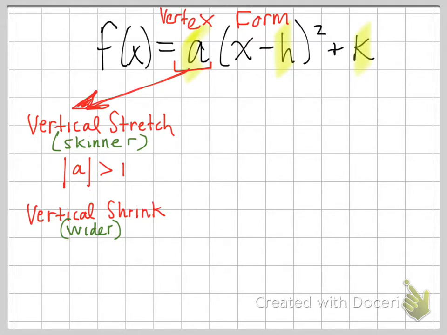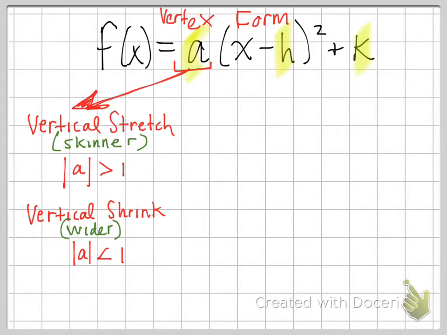So the idea is that a needs to be some fraction less than 1, but it could also be a negative fraction. So again, I'm going to say that the absolute value of a should be less than 1, and that limits me to everything between 1 and -1 as fractions. And any of those should make our graph wider.